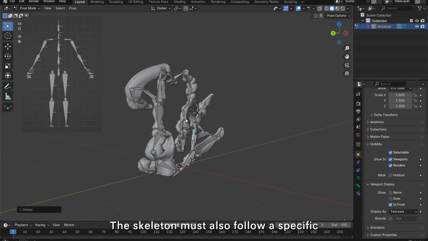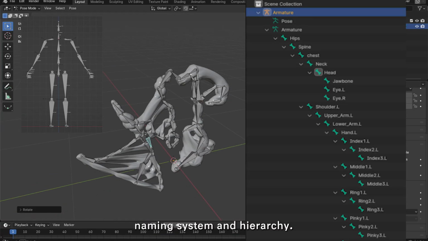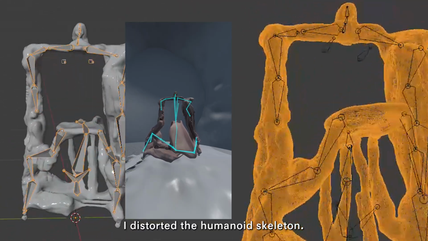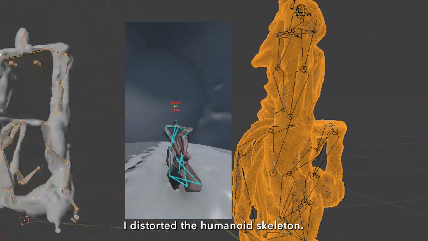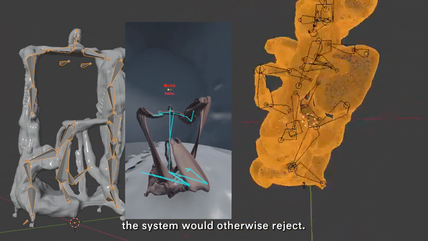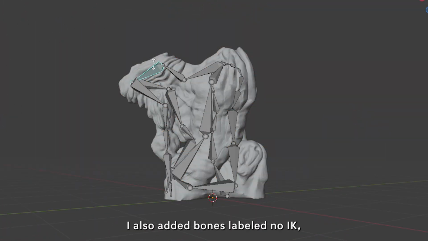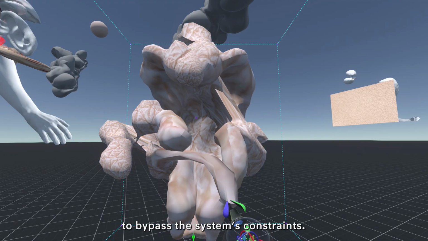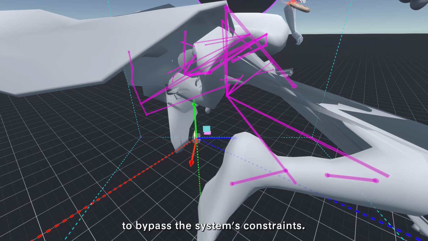The skeleton must also follow a specific naming system and hierarchy. I distorted the humanoid skeleton, forcing it into bodies the system would otherwise reject. I also added bones labeled no IK, allowing certain parts to bypass the system's constraints.